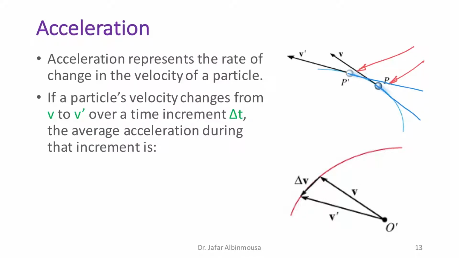Then, if we take delta v, which is represented down over here, we can take the origin over here, and this is v, and this is v prime, and then we can find delta v. If we do that, we can find the average acceleration. So the average acceleration is equal to delta v over delta t, which is equal to v prime minus v over delta t.